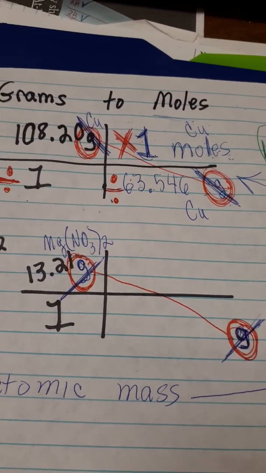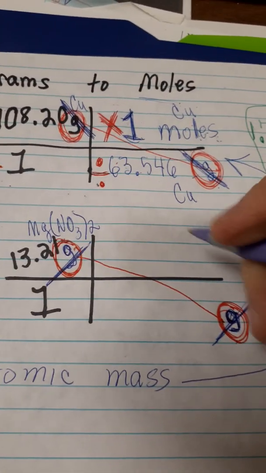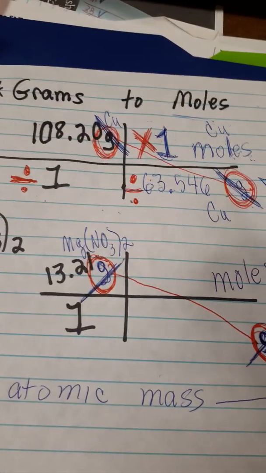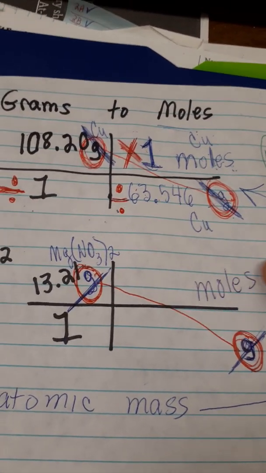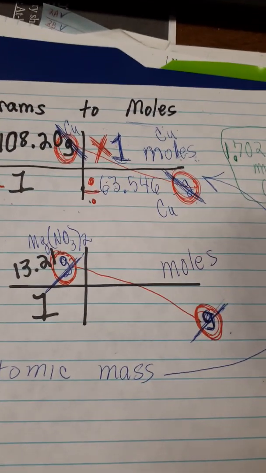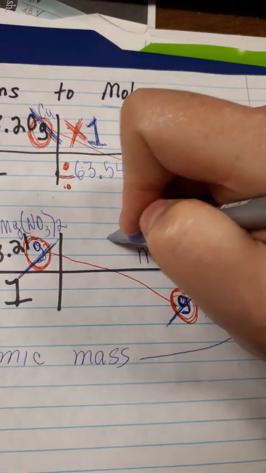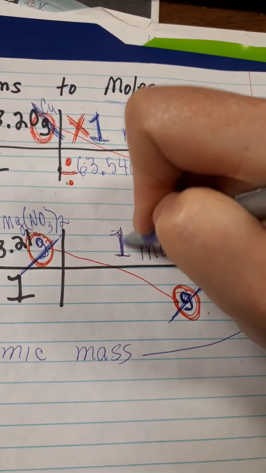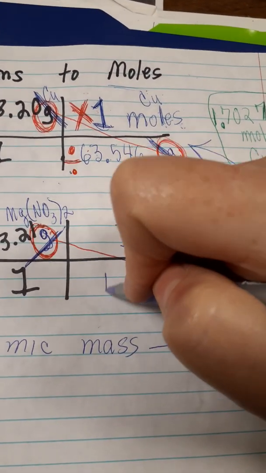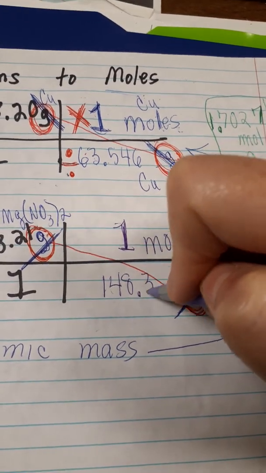Now, remember in this set of questions, I want to find moles. So moles will be the unit that goes here. You could put mole, or you could write the whole word, either way. Now, when we're trying to figure out our numbers, we know that 1 mole is equal to the molar mass. And remember, I just showed you 148.313.